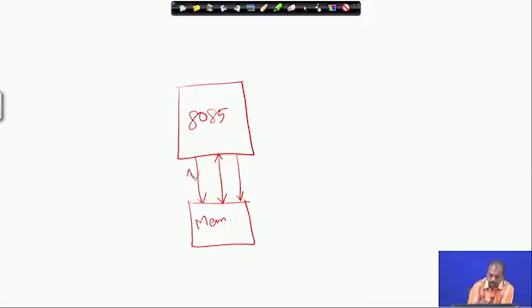This is the address bus, this is the data bus, and this is the control, the read write control. Now, if there is another chip, this is the DMA controller.